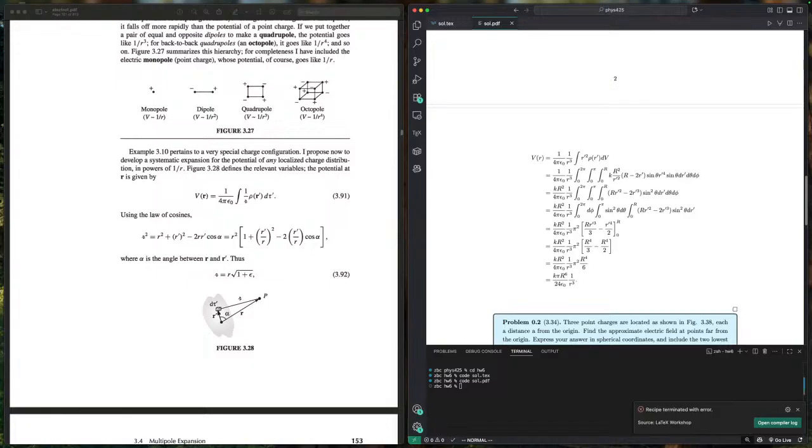Okay, as a sanity check, do we have the correct units? Well, this thing has units of r to the 4th. That is r cubed in its numerator. The question is, is this normal?